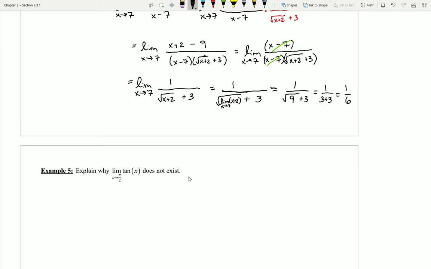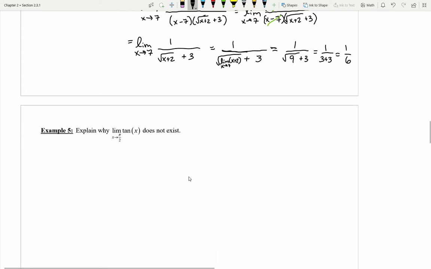Oof. All right, for here, I'm going to need to know a couple things associated with some trig. So let's take a look at what we have.